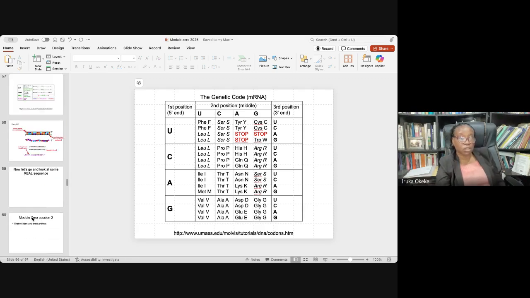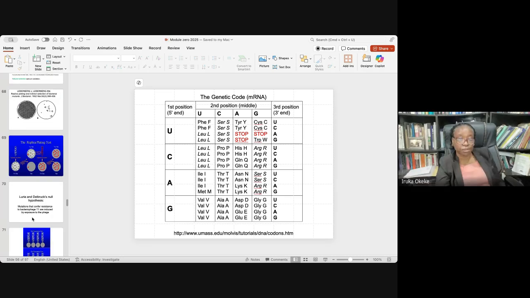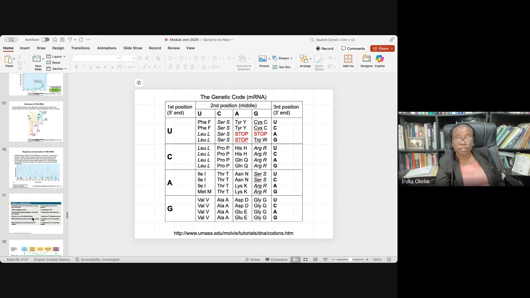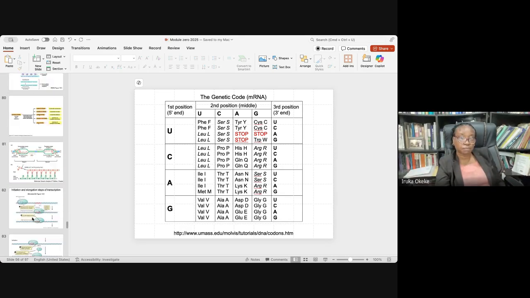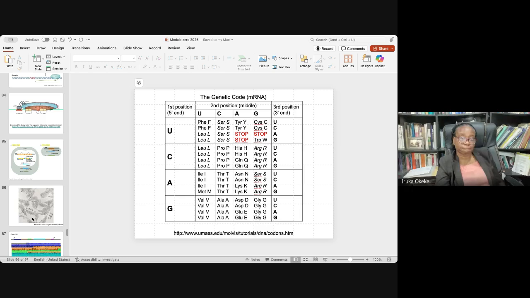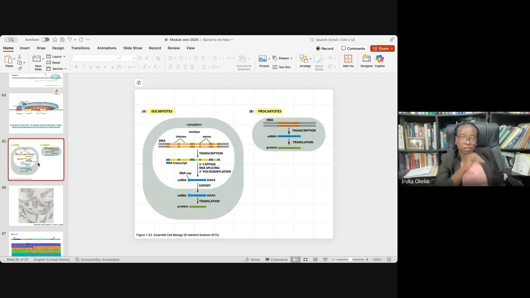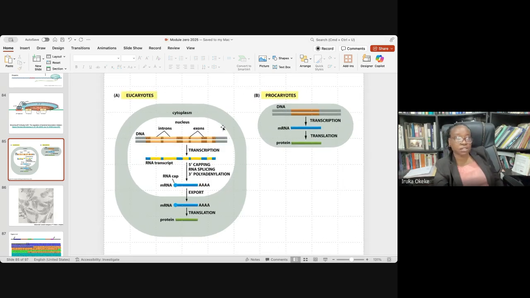Okay, let's go back to talking about transcription. We've almost finished. We have here on one side of your screen a cartoon of a eukaryote, and on the other side, the cartoon of a bacterium. We don't say prokaryotes anymore, but this is an old slide.